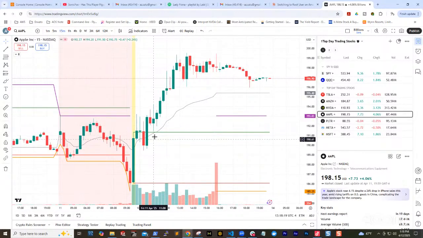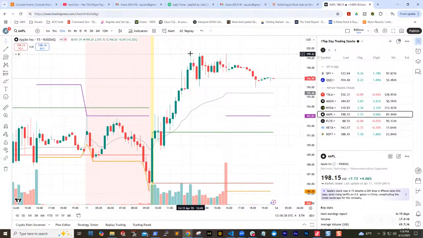It never went back to that green line, just kept going up. So this one, you could have ridden it all the way up here. I would have probably sold it here. See what I mean? Because once it crossed that purple line, there's no real resistance here, and it just kept going all the way up here.